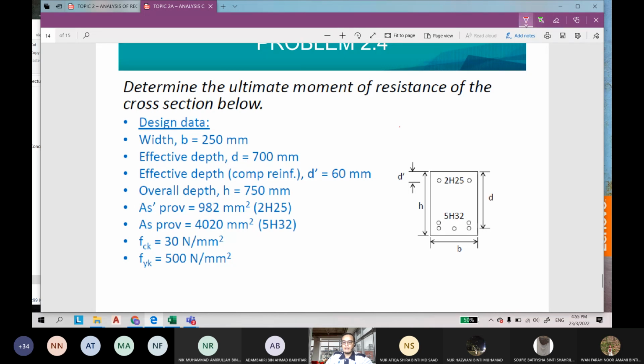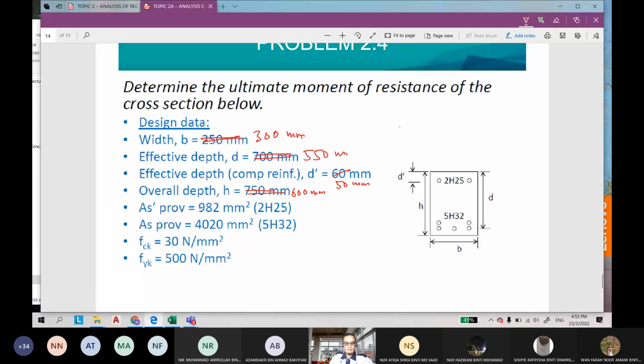So I will change the values first. Let's say we have 300 mm of b. The d is equal to, let's say, 550 mm. The d prime is equal to 60 mm. The overall depth is equal to 600 mm.